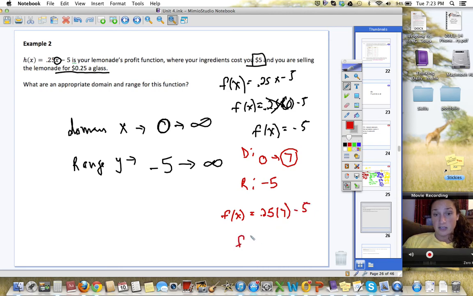Whatever that answer gives me would be the top number of my range. But we're just looking at what an appropriate one is. So we're going to say infinity, even though we don't know, but if it gave us more information, we could limit that. But we should definitely know that this one can only start at 0, and if you put 0 to infinity here, this one would be wrong.